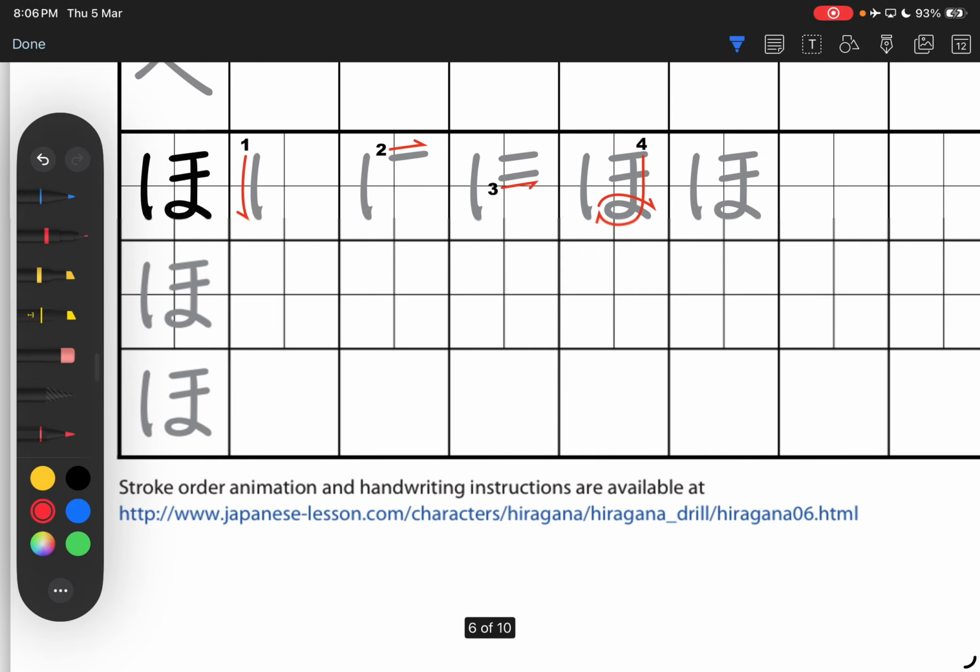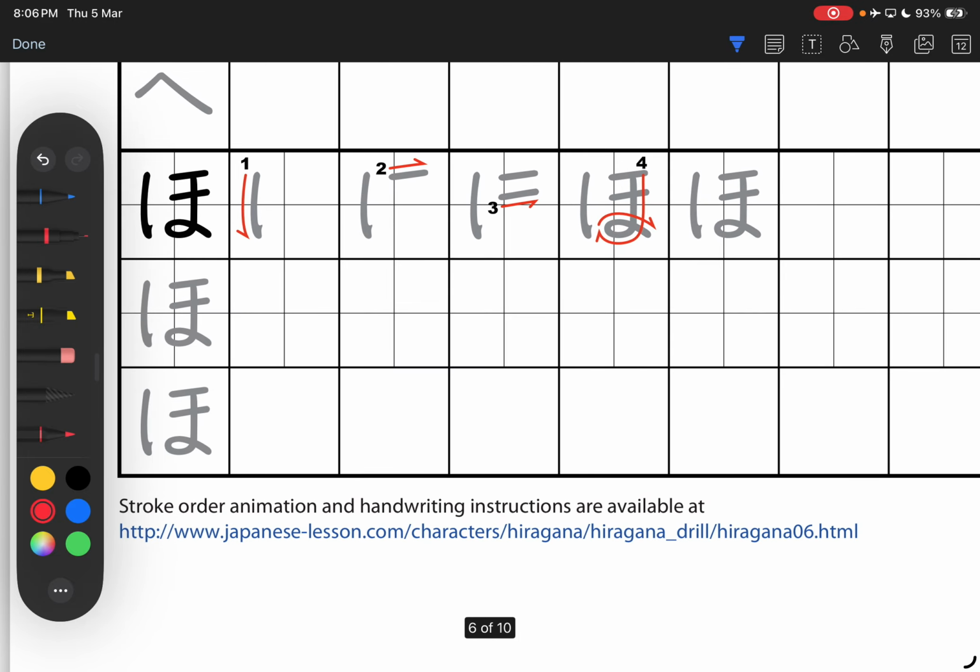Next, we have ho. Okay, so same thing, I will go for a vertical line, and then I'll go for an equal sign, then I'll go for my long alpha tail. Okay, so 1 vertical line, 1 equal sign, and then 1 vertical tail.